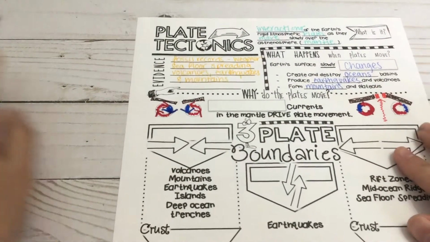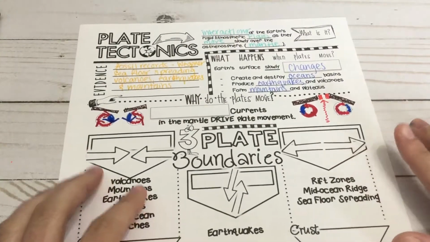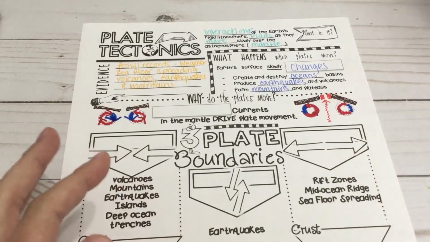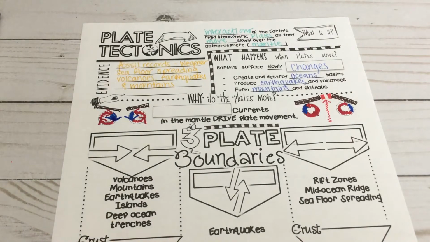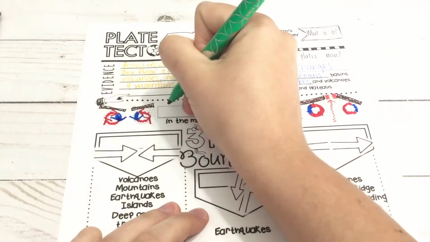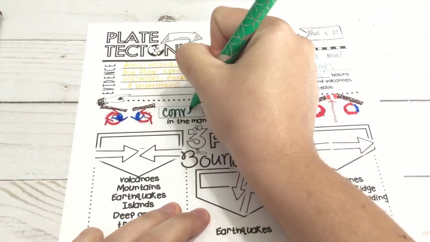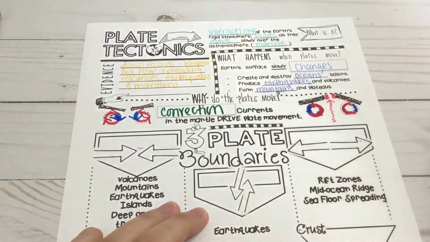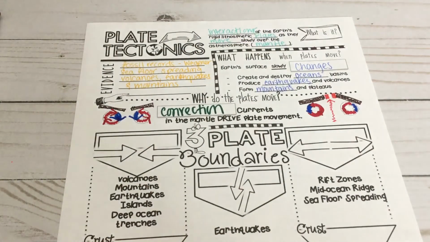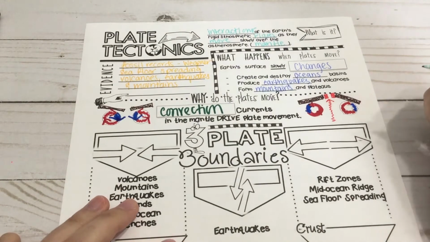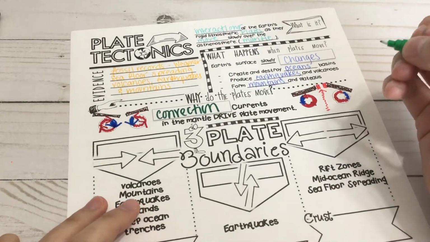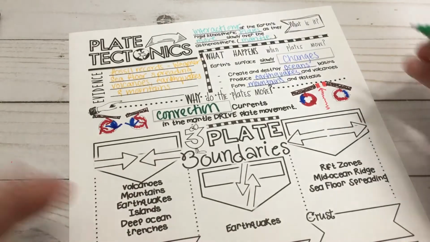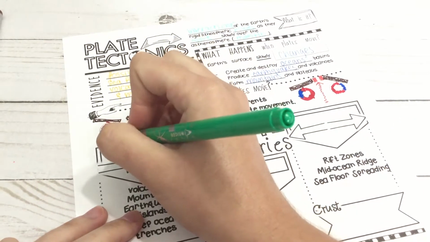So the plates move because of convection currents. Again, it moves kind of like that log in the river, but also like a conveyor belt at the grocery store.